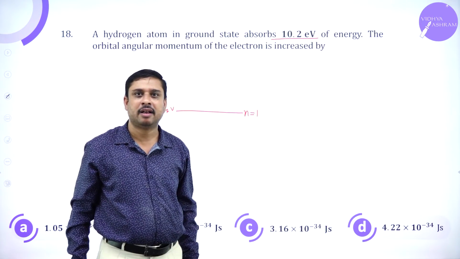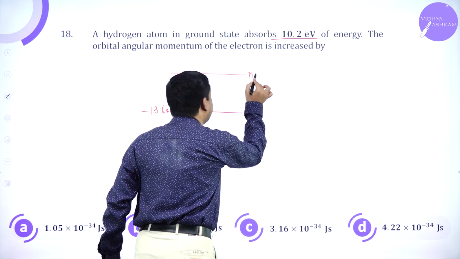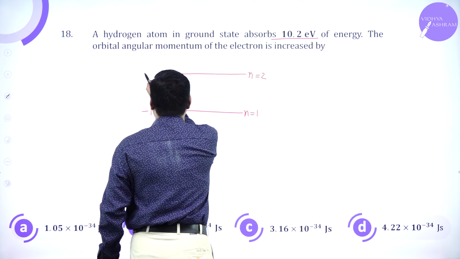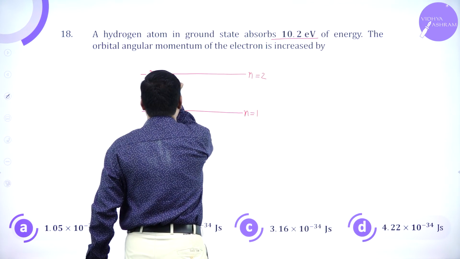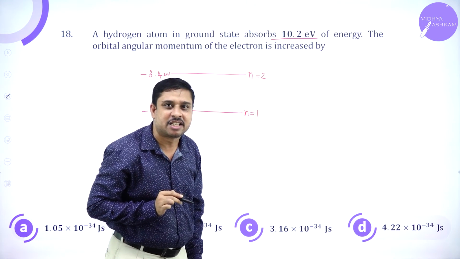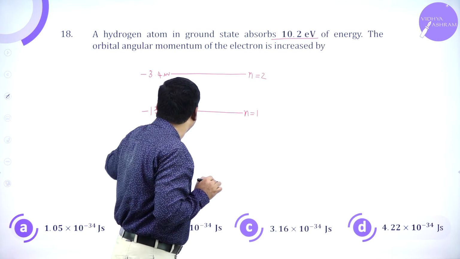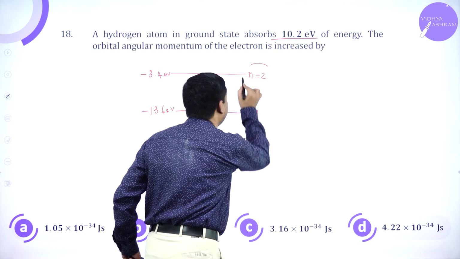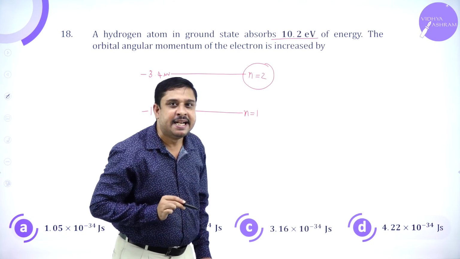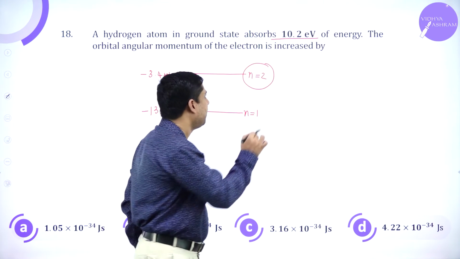I know in n equals 2, minus 3.4 electron volt is the energy. See, nearly 10 electron volt difference is there. So very clearly now I come to understand it is excited to the second state.